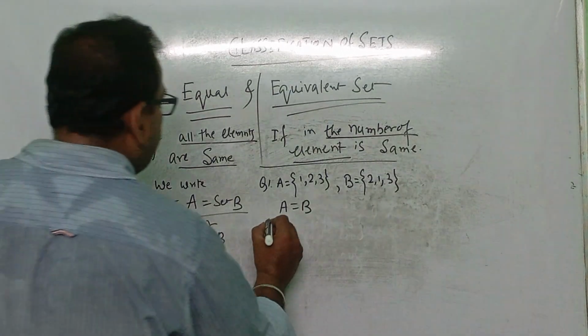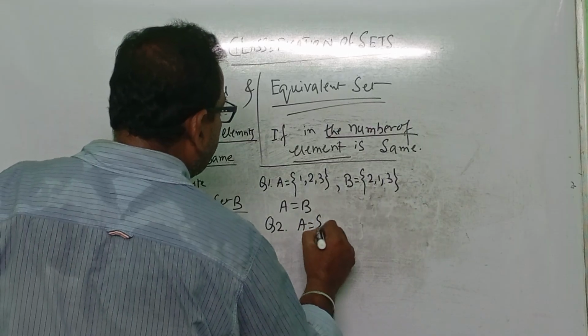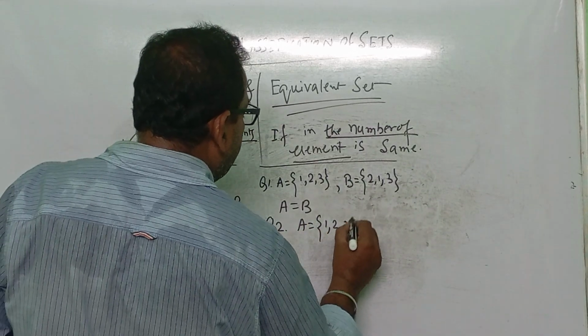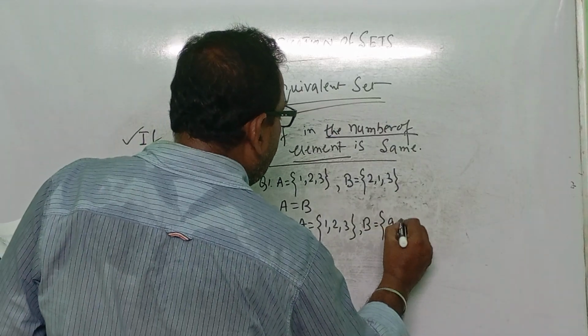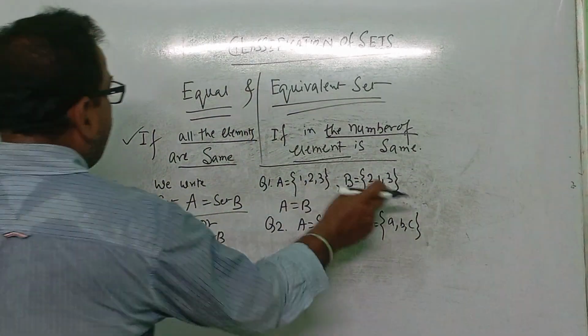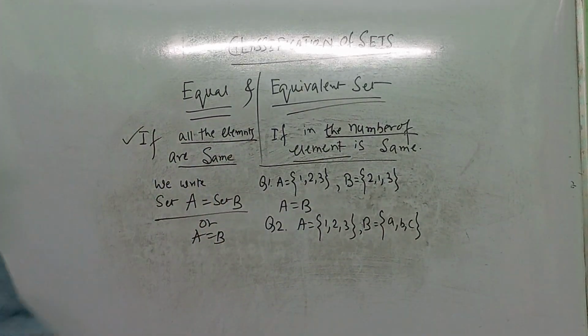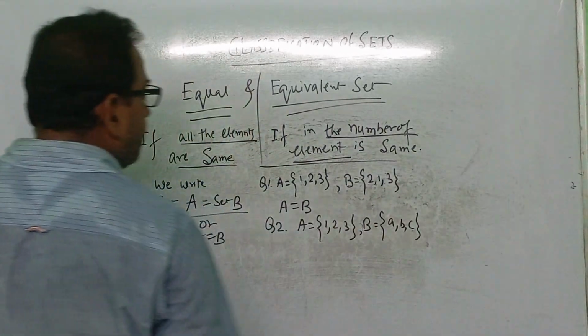Now if we write question number 2, A is equal to 1, 2, 3 and B is equal to a, b, c. Now the elements are not the same, so this is not equal. But the number of elements is the same.